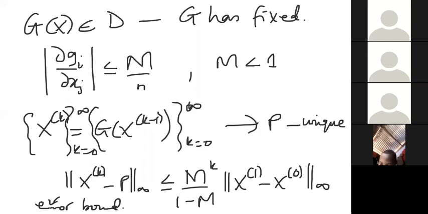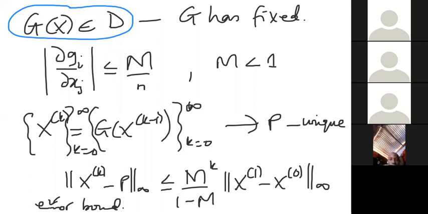So what this theorem is telling you is that, in summary, if this g, which contains those functions from g1 up to gn, is in D, then g will have a fixed point, so this sequence will now be generated.